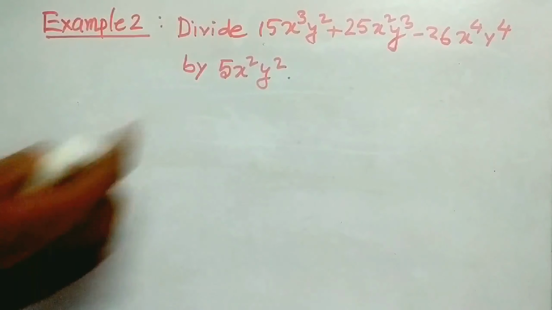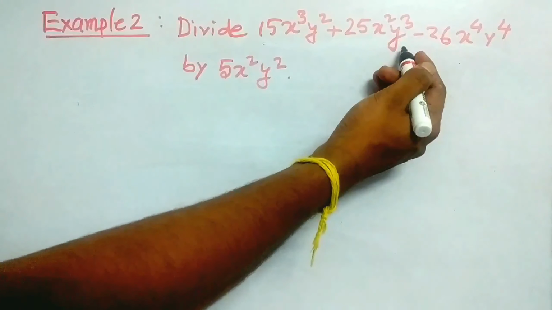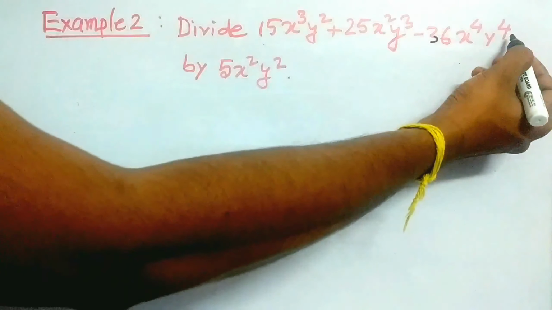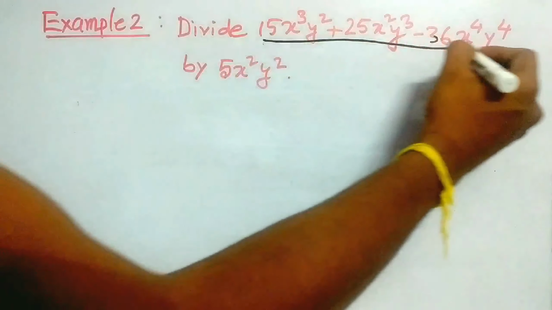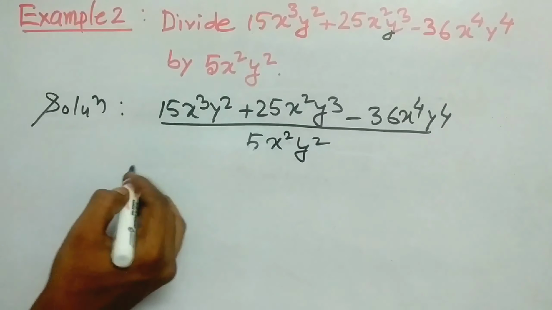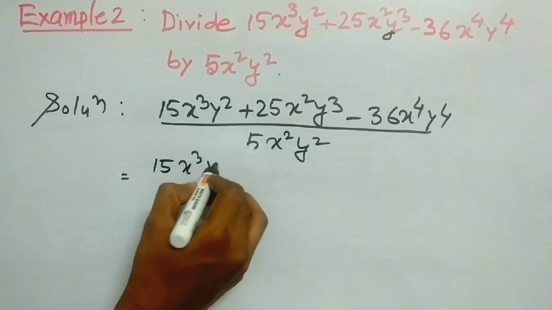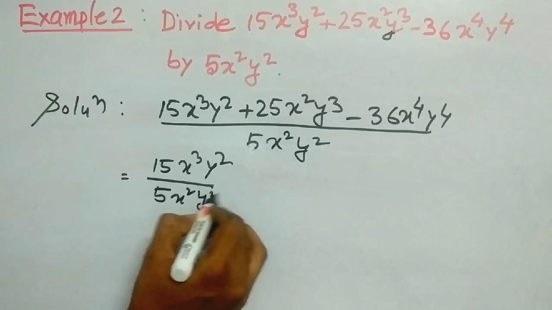Here divide 5x cube y square plus 25x square y cube minus 36x to the power 4 y to the power 4 by 5x square y square. Here this is a polynomial, this is a monomial. So we will split it like 15x cube y square divided by 5x square y square.